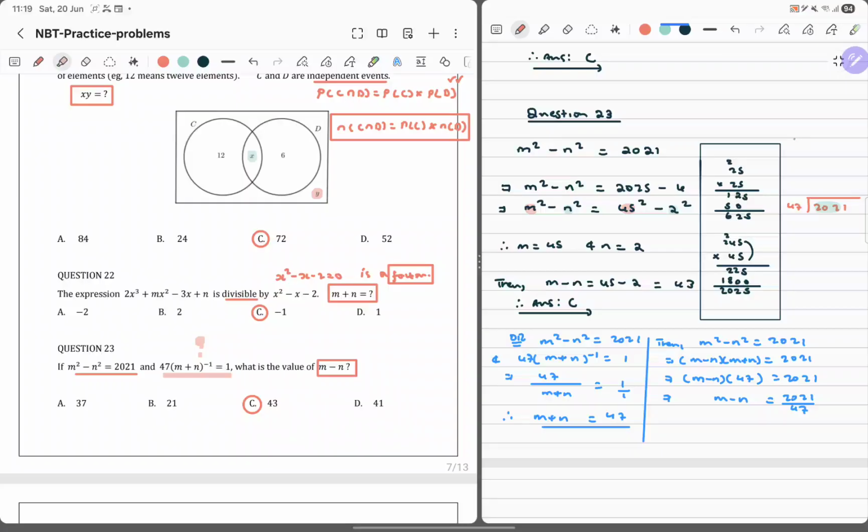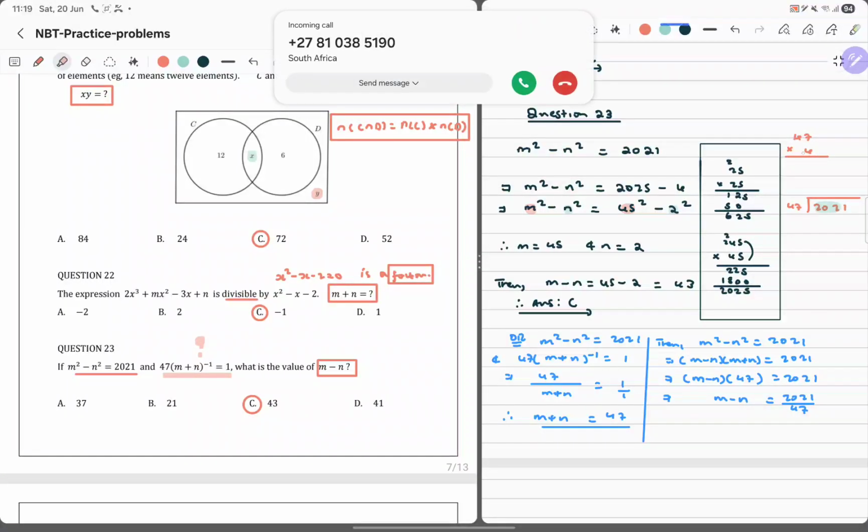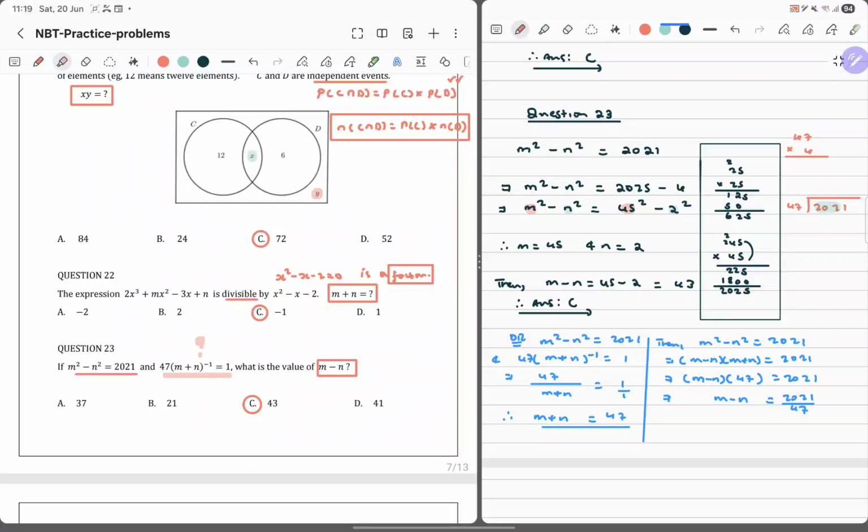So let's just say 47 multiplied by, let's say 4. Of course, we're not sure what we're doing. So 4 times 7 is 28. So this is 28. 4 times 4, 16 plus 2, 18. So this is 188. So probably 5 times. Okay, let's check it.